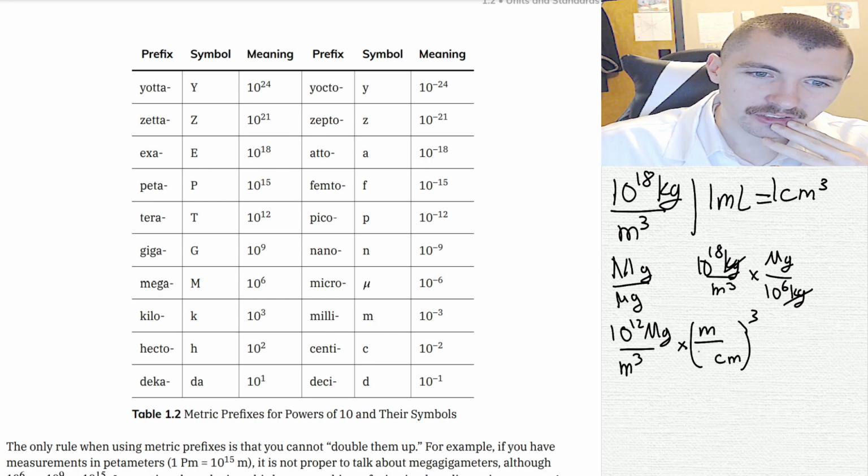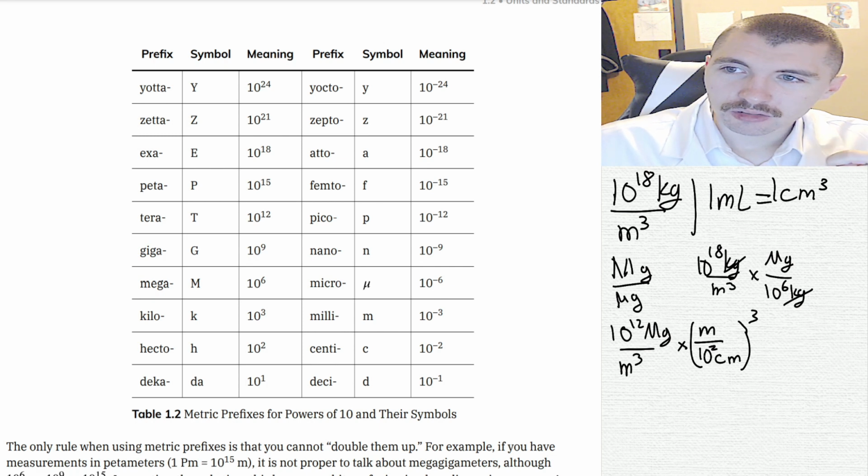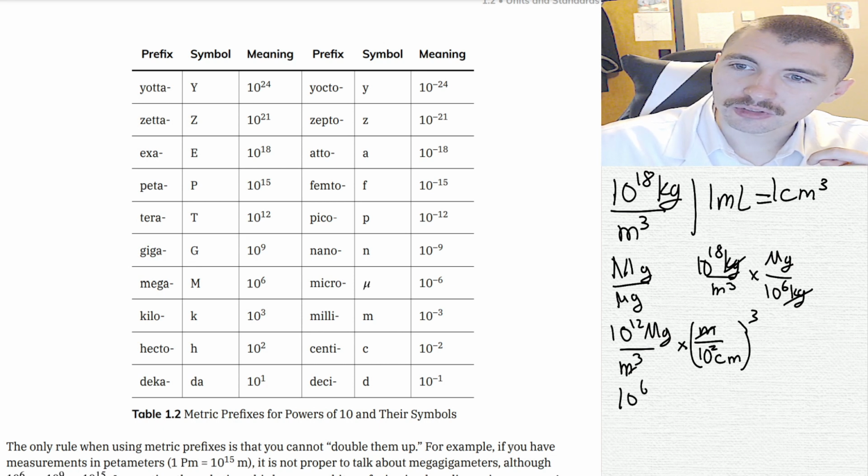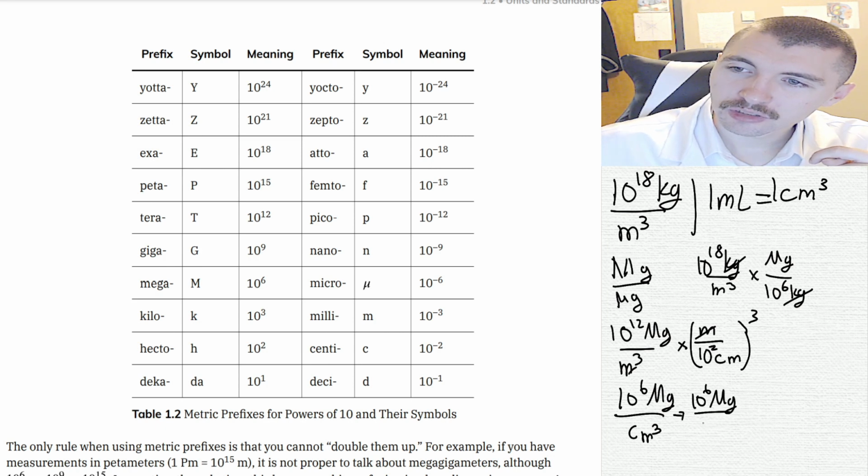Either way, it should be 10 to the negative 2. Okay, which is 10 to the 6. So I'll leave us with 10 to the 6 megagrams per milliliter.